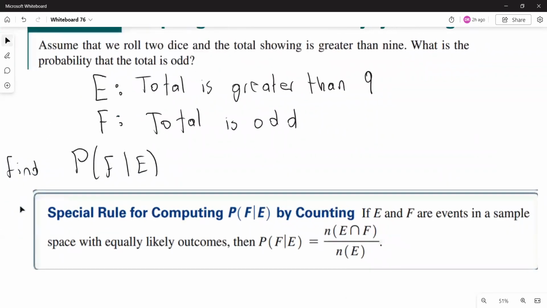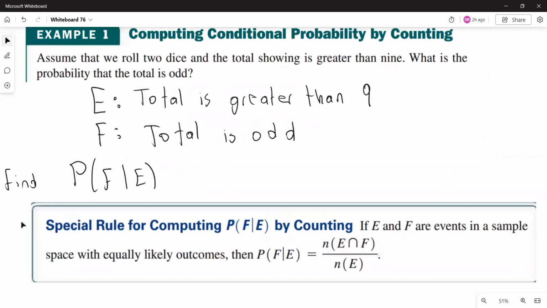So if E and F are events in a sample space with equally likely outcomes, then the probability of F given E is the number of outcomes in both E and F over the total number of outcomes in E.